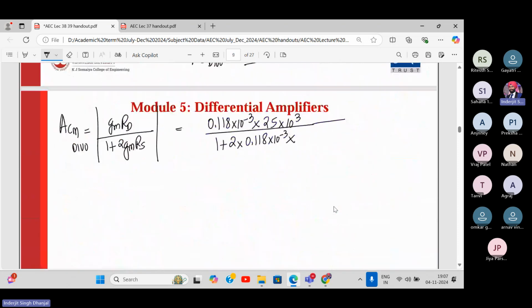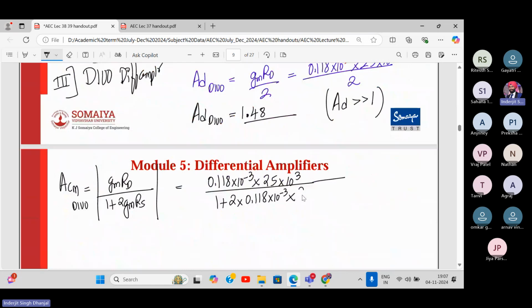RS is 20K. Substitute over here. Now calculate this and let me know the answer. Remember, it will be less than 1. ACM, I can confidently say, will always be less than 1. How much is it?